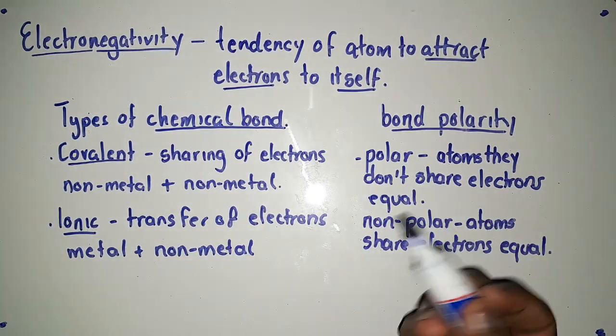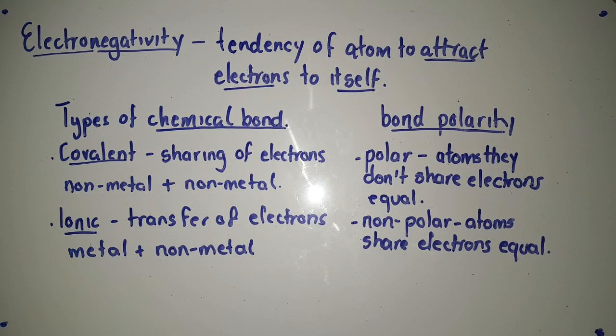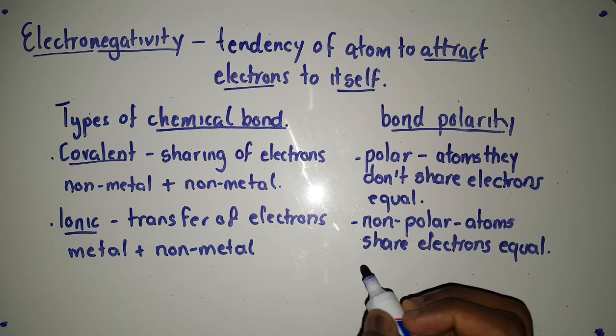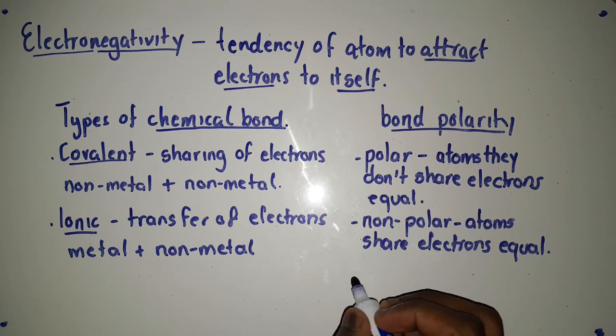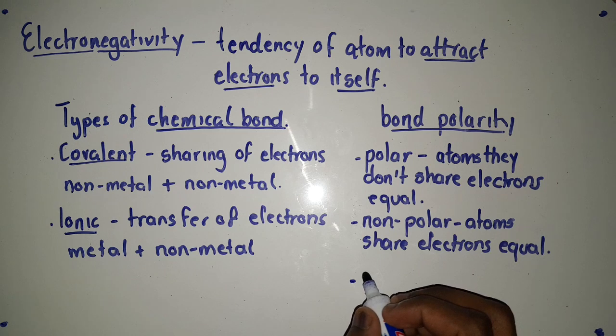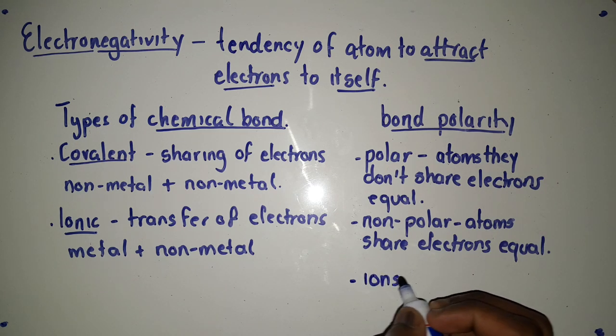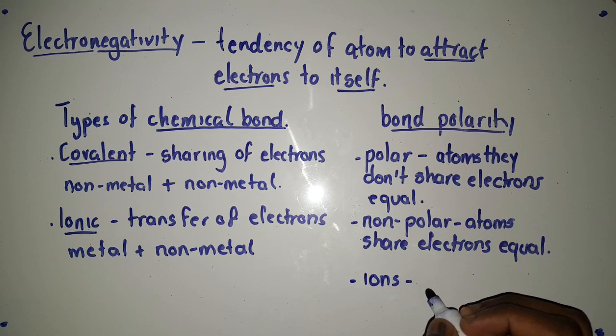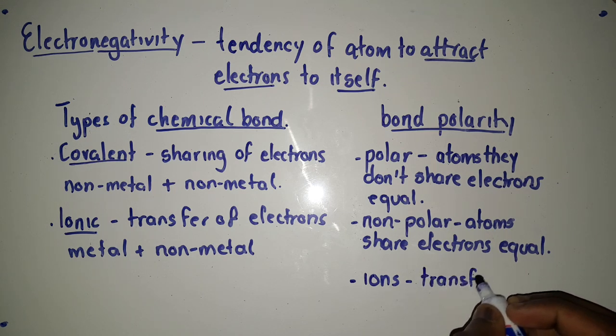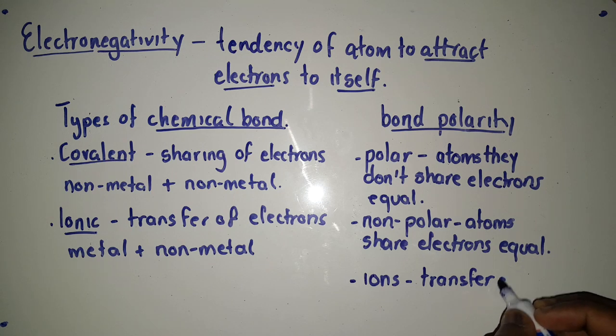A polar together with a non-polar represent covalent. Then under ionic, we have ions, where electrons are transferred, for example from a metal to a non-metal.